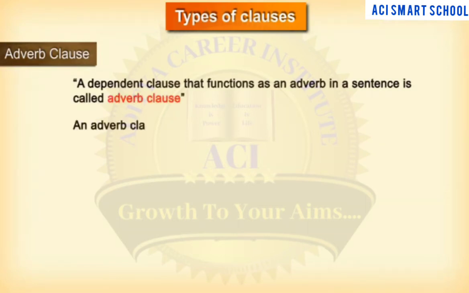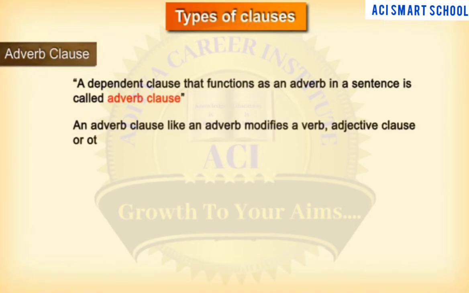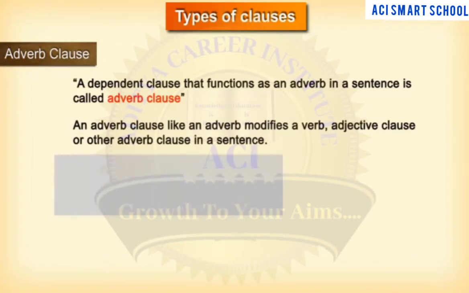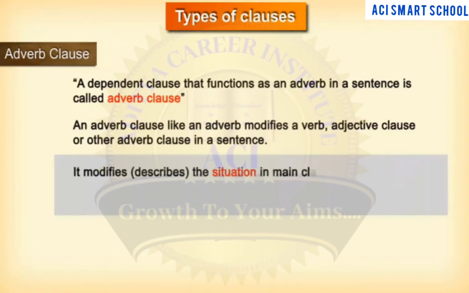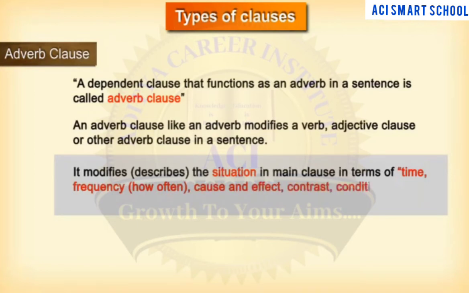An adverb clause, like an adverb, modifies a verb, adjective clause, or other adverb clause in a sentence. It modifies or describes the situation in the main clause in terms of time, frequency, how often, cause and effect, contrast, condition, intensity, to what extent.